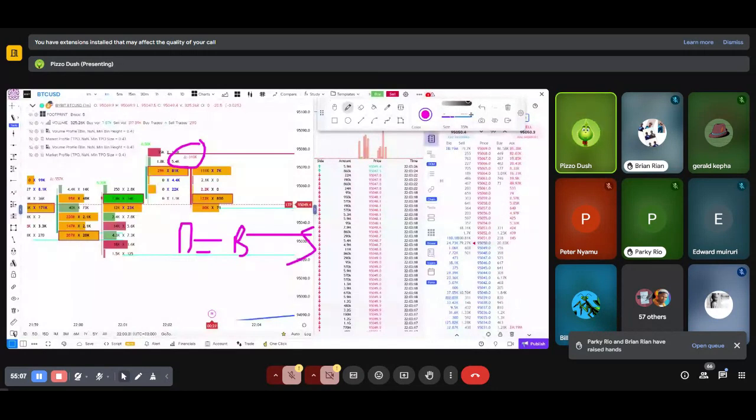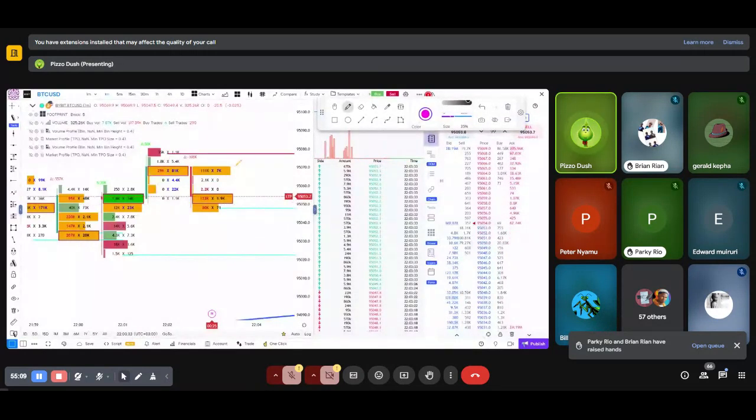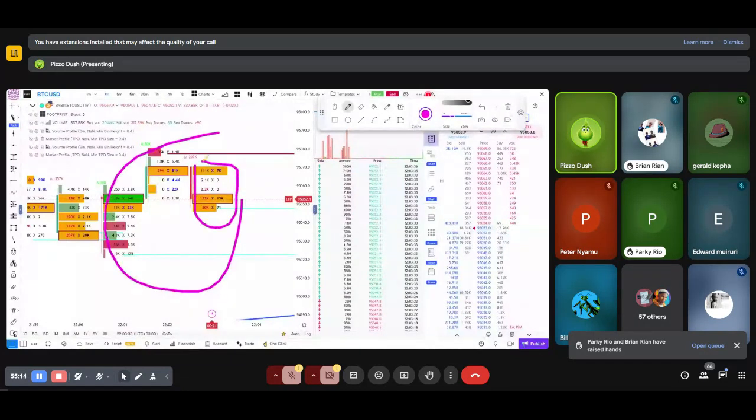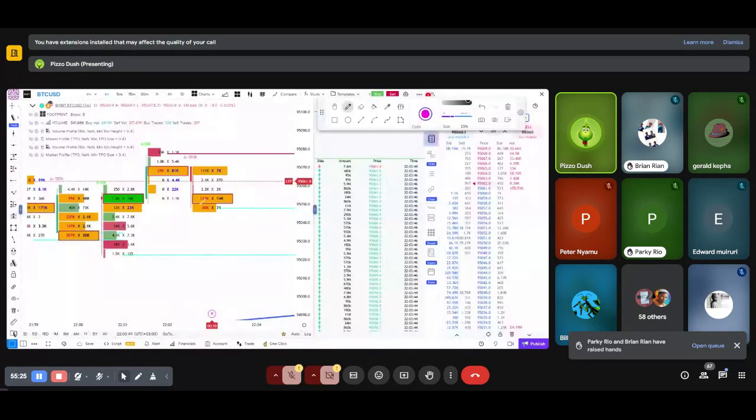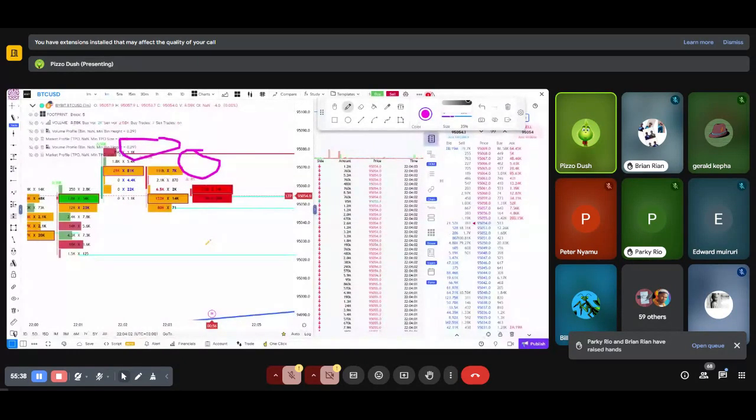So volume is overall, volume is everything. So if we want to know volume in this footprint, it's everything, buyers plus sellers. That's volume. But delta is like subtracting sellers from buyers. So volume is adding sell volume plus buy volume. If it's 15 sellers, 15 buyers, volume there is 30. But delta is 15 buyers minus 15 sellers. So delta just shows us who was the majority. Understood. Yeah.